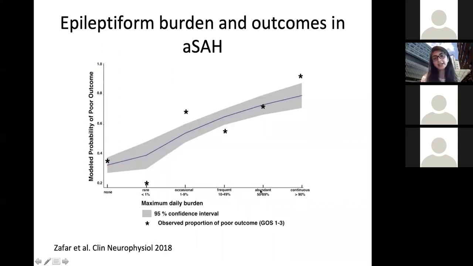So on the x-axis here is the 24-hour epoch that had the highest concentration of these patterns. And what we found was that as the maximum daily burden increased, the probability of poor outcomes increased by almost 40% in this cohort of patients. And poor outcome again here was functional outcomes at 3 months.